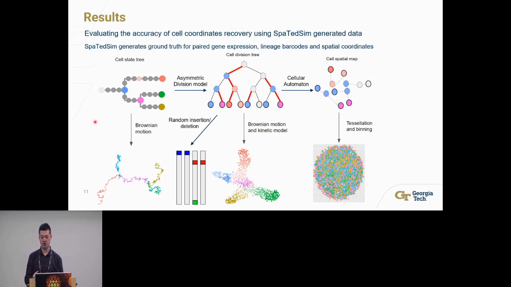When you think about how to simulate the cell type changes on the cell division tree, you have to come up with a model of the changes along the tree, and at the same time a model of the differences between the cell types. So, it's very hard to validate how good the simulator is.